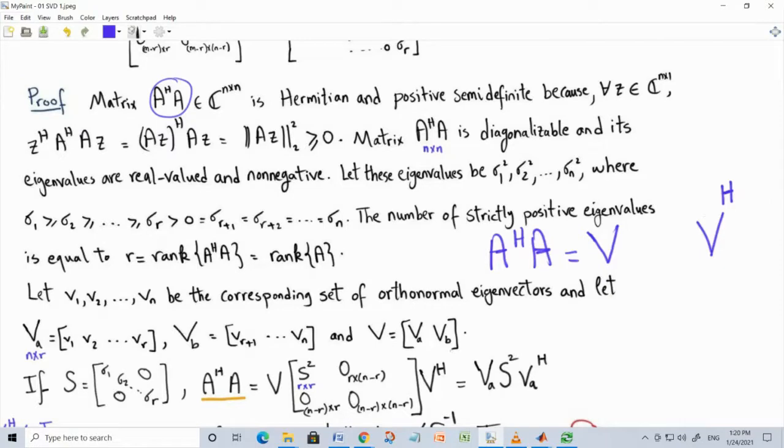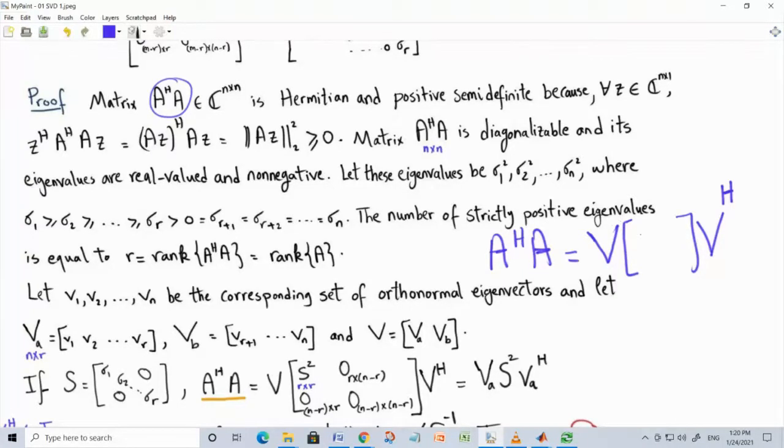And between V and V Hermitian, you will have the matrix containing the eigenvalues of A Hermitian A. And those, because A Hermitian A is Hermitian and it's positive semi-definite, the eigenvalues, as I said, are real valued and non-negative.